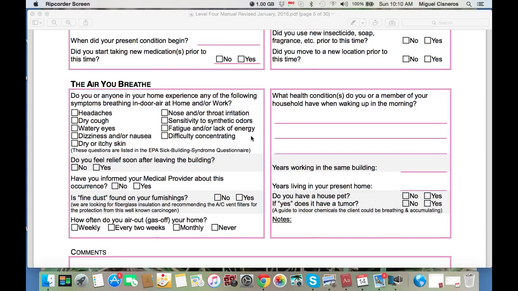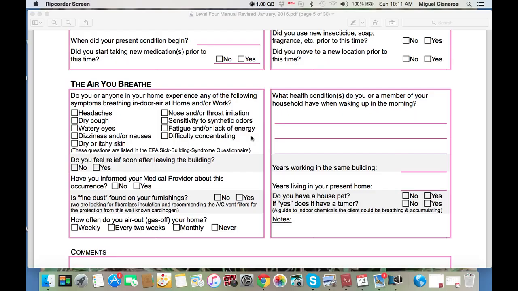All they have to do is go to the EPA and hunt for Toxtown, and you can do the same thing. Just Google Toxtown. We mentioned it earlier in this program, and you're going to go to a page where you click different areas, and it tells you chemicals that you're exposed to on a daily basis and what they cause.